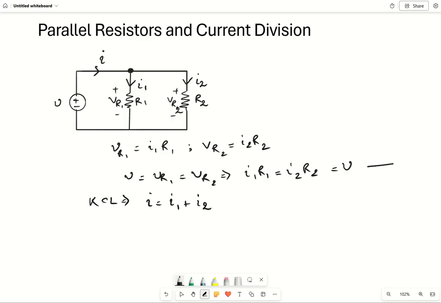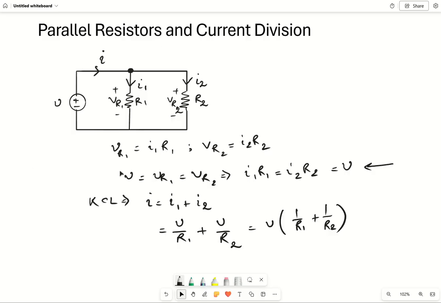So from these equations, what can we write about I1 and I2? In place of I1 we can write V divided by R1, and this will be V divided by R2. If we take V as common, it will be 1 by R1 plus 1 by R2.